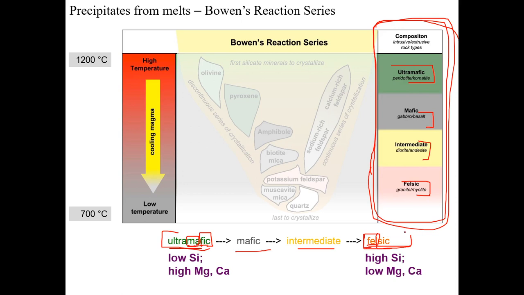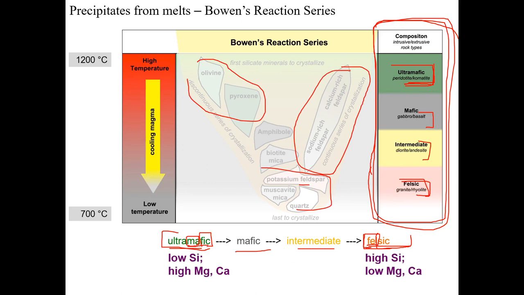Mafic rocks are going to be iron and magnesium rich minerals like olivine and pyroxene. Felsic are going to be feldspar and silica rich rocks like granite, okay? Quartz and potassium feldspar. You'll notice that the plagioclase feldspars form in all these different compositions, okay?